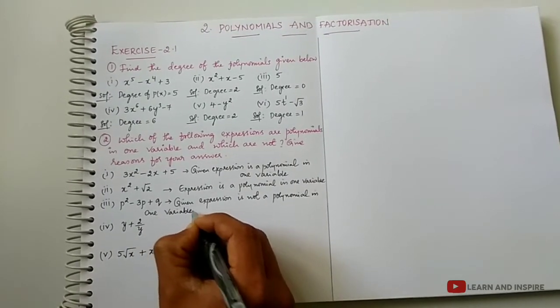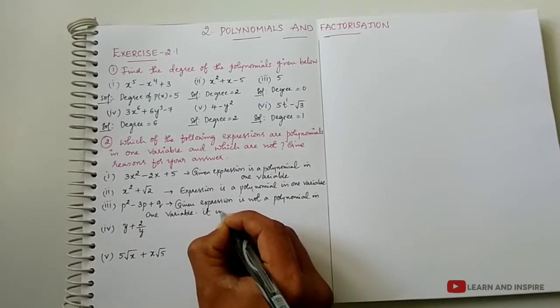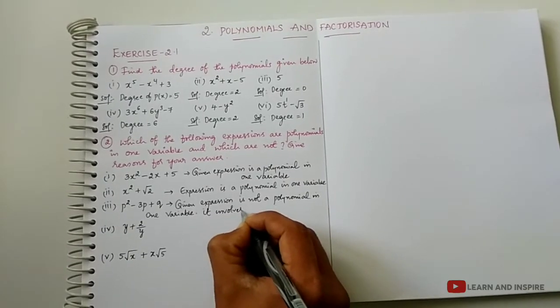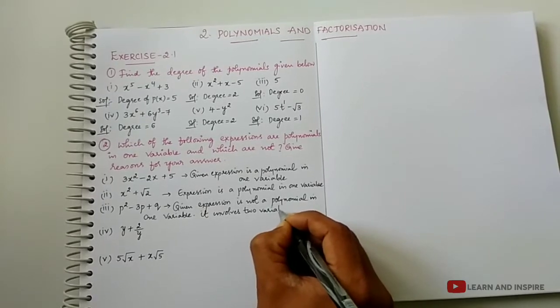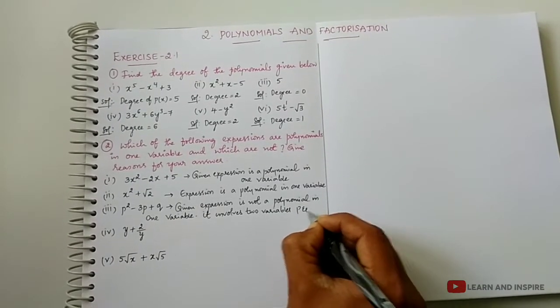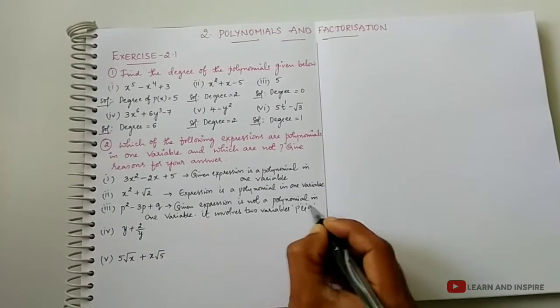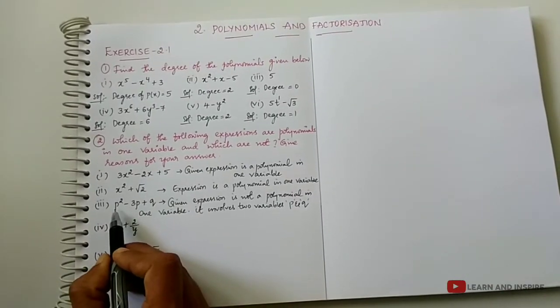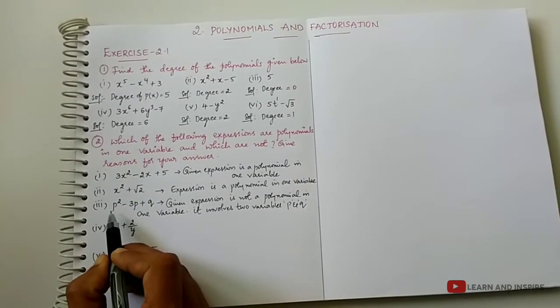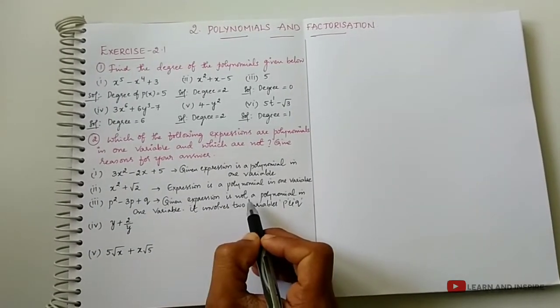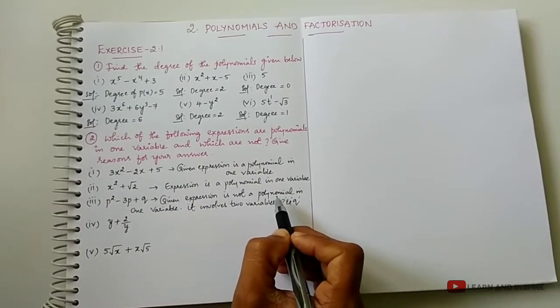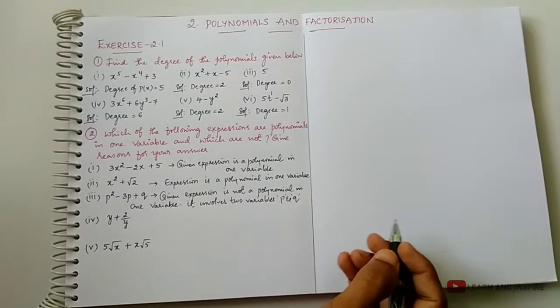It involves two variables, p and q. So we can identify it as a polynomial in two variables.